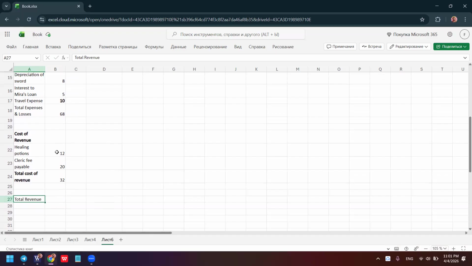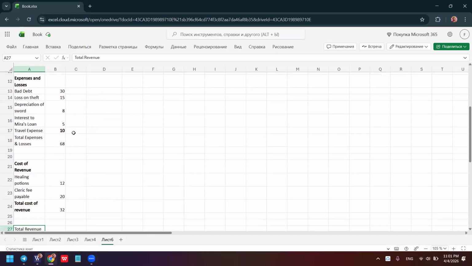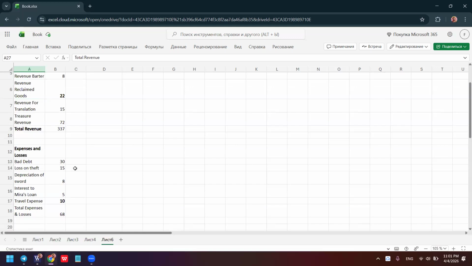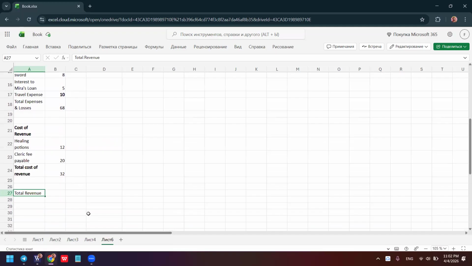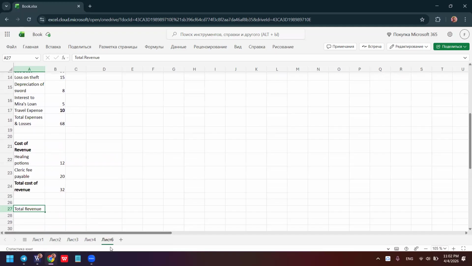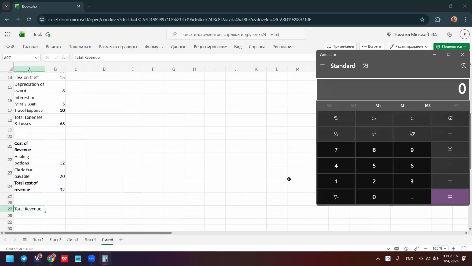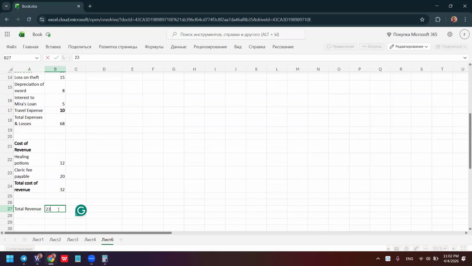If we add it together, this minus this is 305. 305 minus 68 is 237. 237 total revenue, we can say after expenses, after all costs.